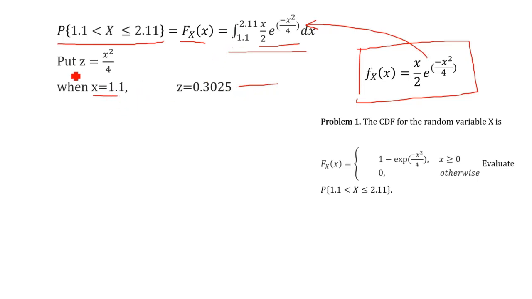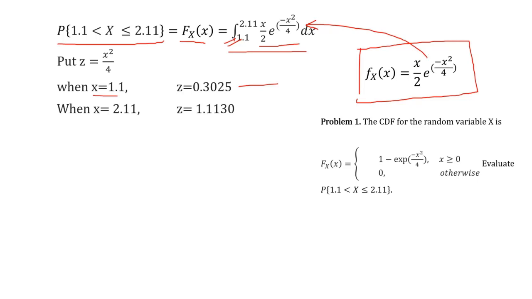Why are we going for the substitution method? This integration cannot be solved directly, so I am simplifying it by substituting z equals x squared by 4. Then obviously the limits will change. If x equals 1.1, the value of z is 0.3025.